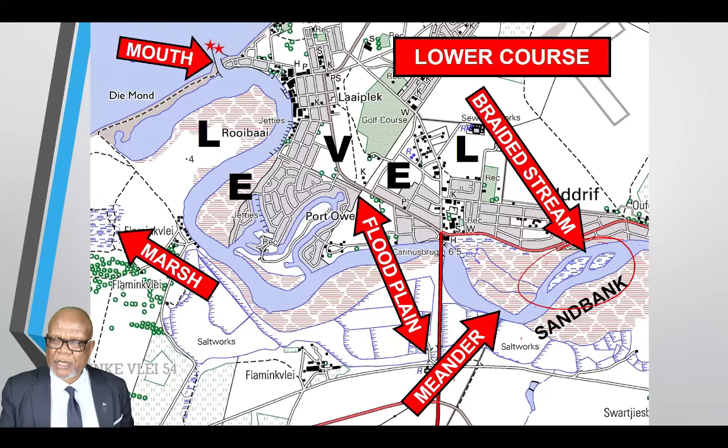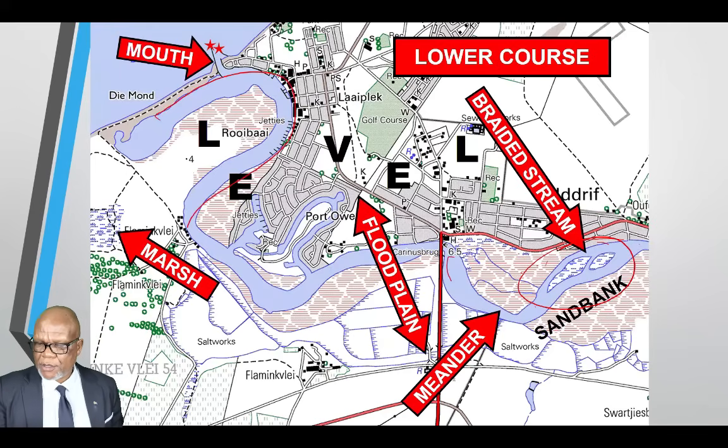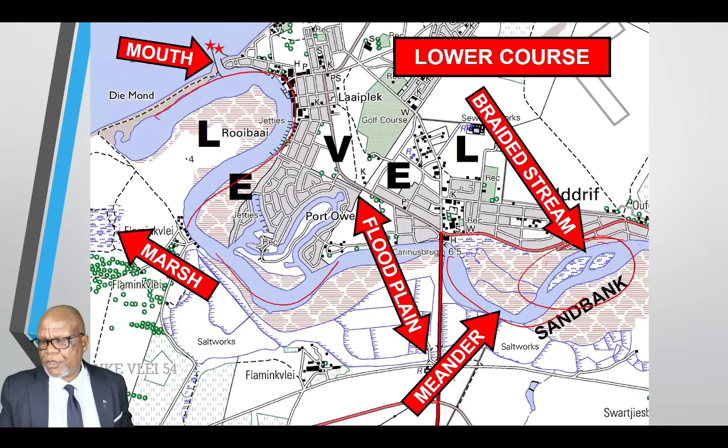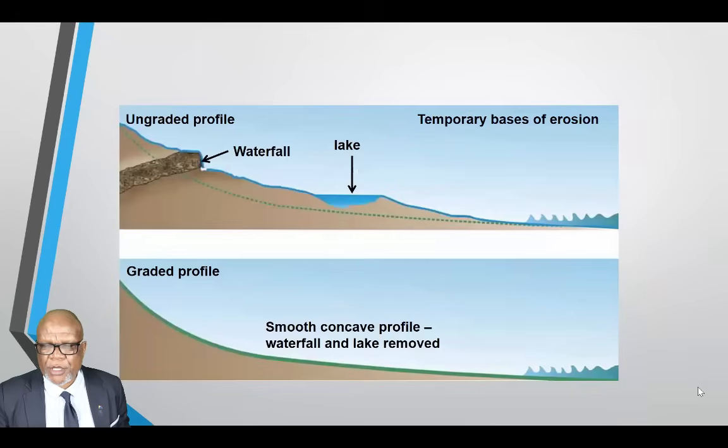You must know what a meander is. A meander is a bend. A bend in a river course is called a meander. Sometimes the examiner asks you what the feature is. When you're looking at it like that, that feature is called a meander.